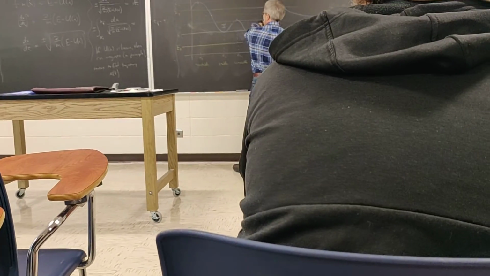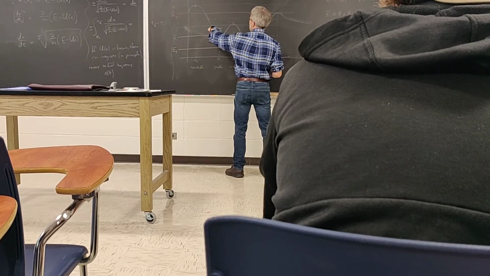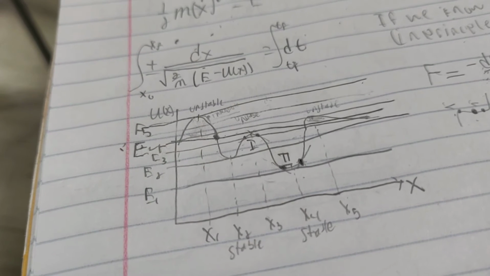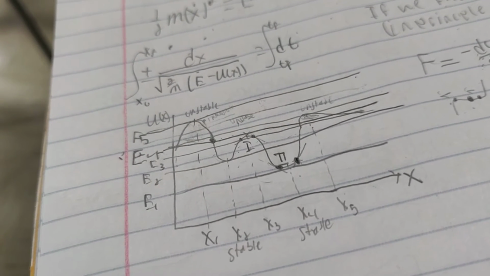We have a particular value of energy, say here, like halfway between E2 and E3, and we've got a portion of region 1 or a portion of region 2 that our particle could be in. Could it be in both at the same time? Or could it be in one and then the other?